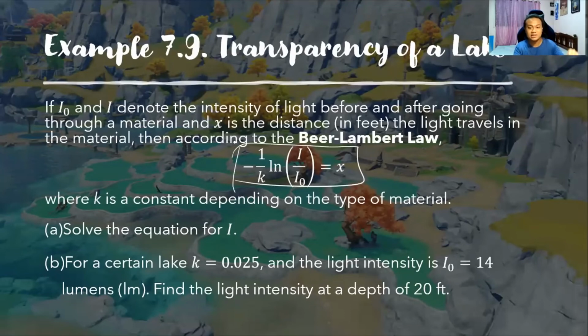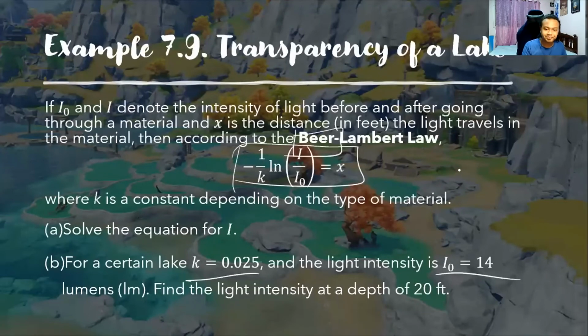Intensity of light is measured in lumens, before and after going through a material, and x is the distance in feet that light travels in the material, according to the Beer-Lambert law, where k is a constant depending on the type of material. We have to solve the equation for I. For a certain lake, k is 0.025. Light intensity is 14 lumens. Find the light intensity at a depth of 20 feet.